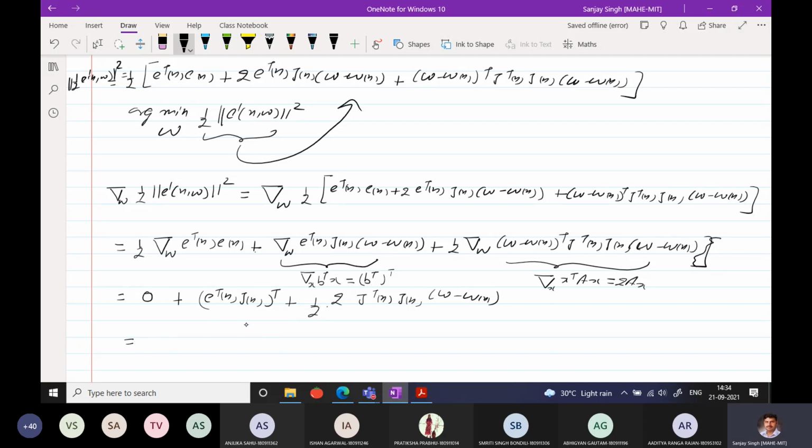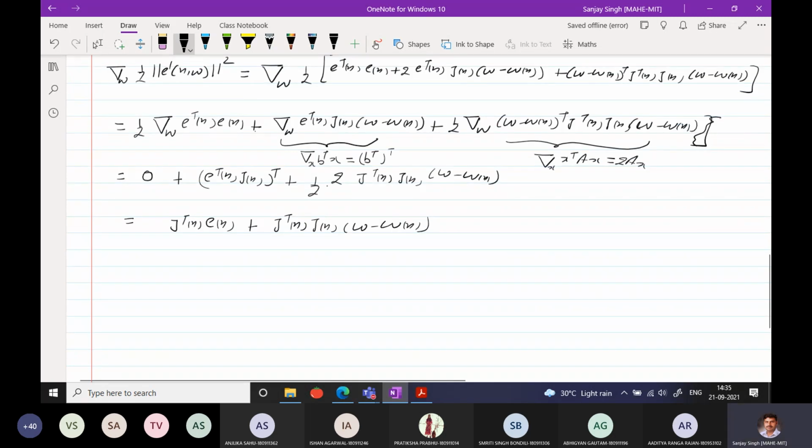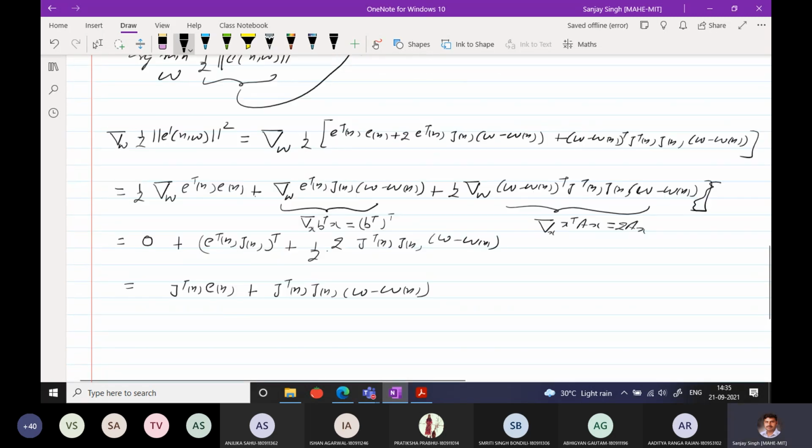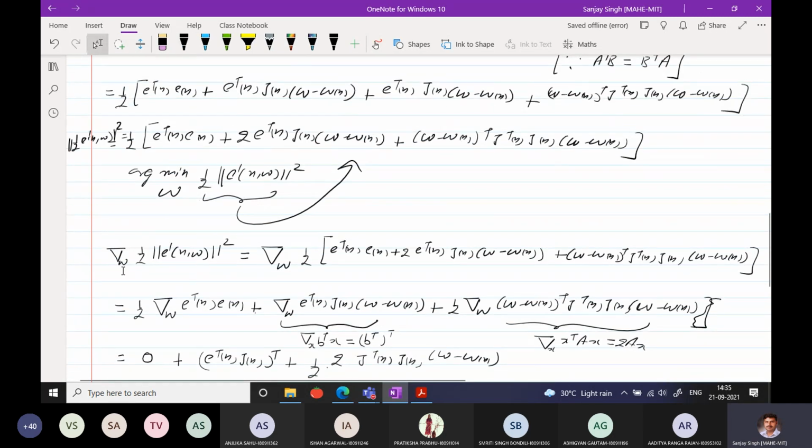Or I can simply write this. This will go, so this is the transpose, so it is reversed. I can say J_n^T E_n, plus J_n^T J_n (W minus W_n). Now, just now what we have done is we have found a gradient only.